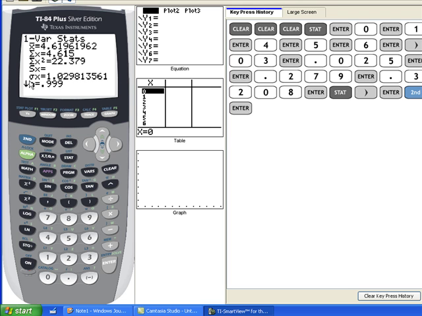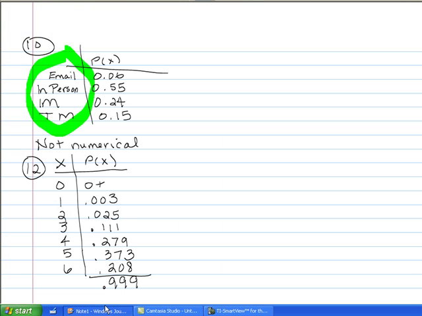So let me go back here. So our mean was 4.6. Our standard deviation was 1.0. So now you have two ways to do the problems dealing with a probability distribution.